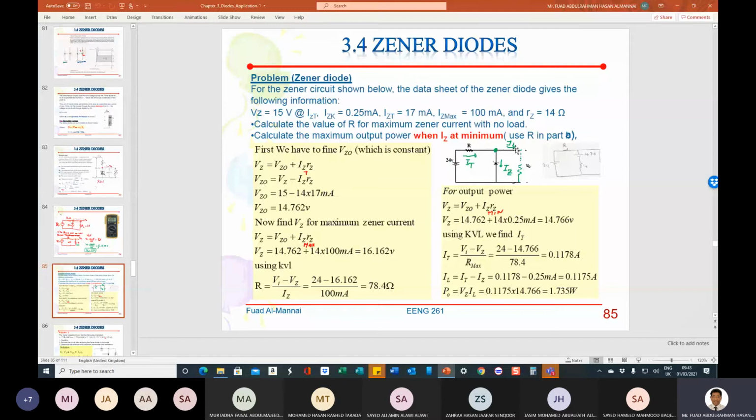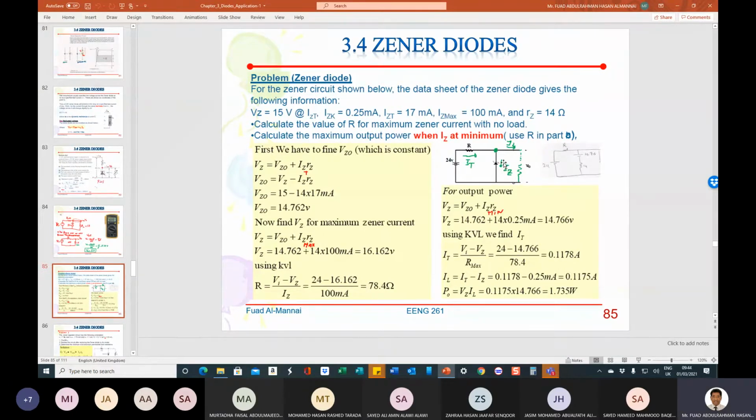IT is equal to IL, which is the load current, plus IZ, where IZ in this case is IZ min, right? Calculate IL, and IL will be equal to 0.1175 amps.